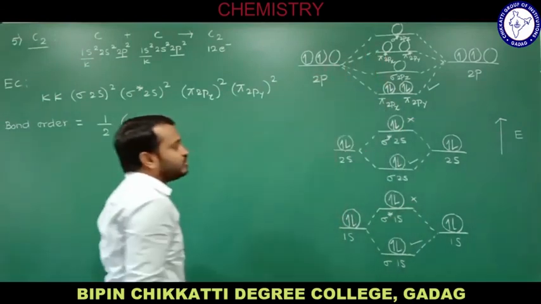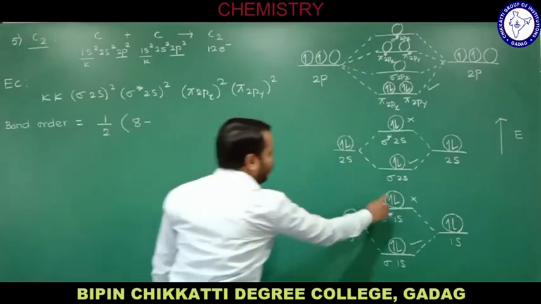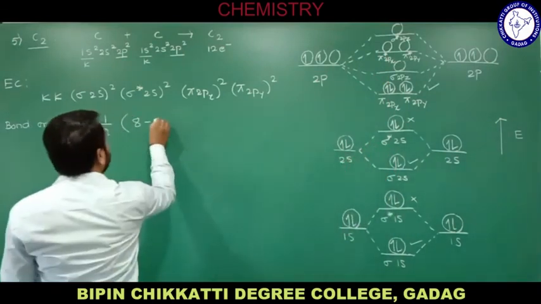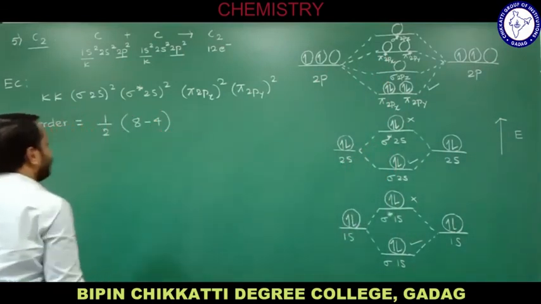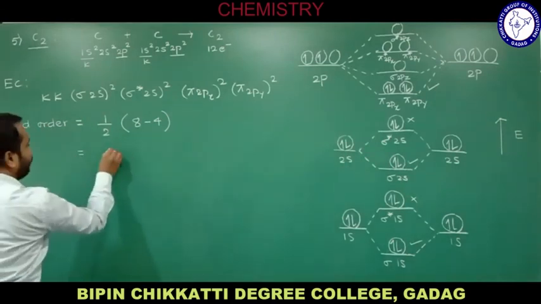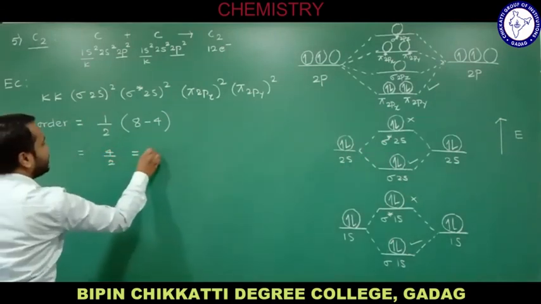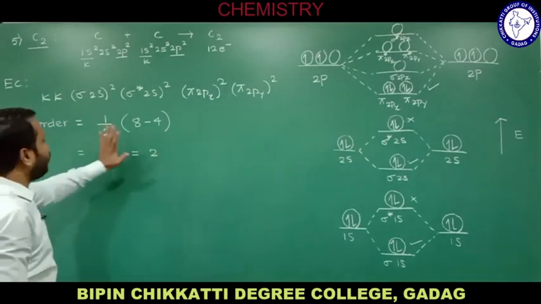We don't have any electrons in anti-bonding molecular orbitals. So 4 electrons we got here. If you simplify this, we get 4 divided by 2, which is equal to 2. Bond order of C2 is 2.